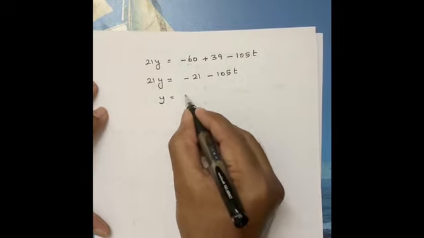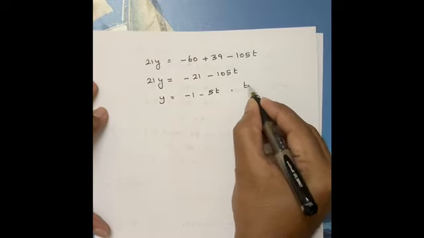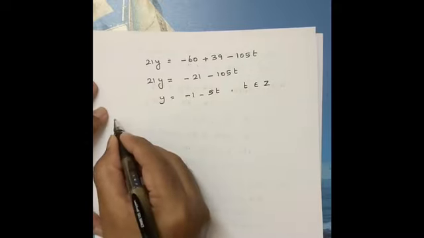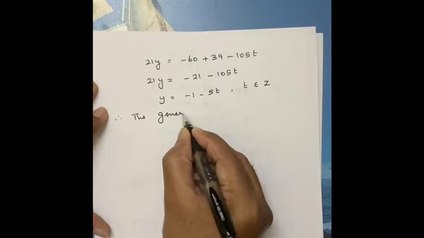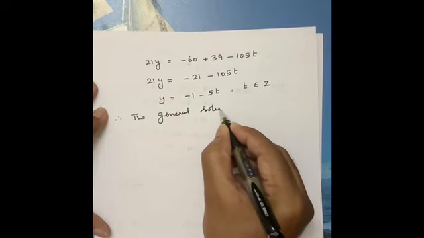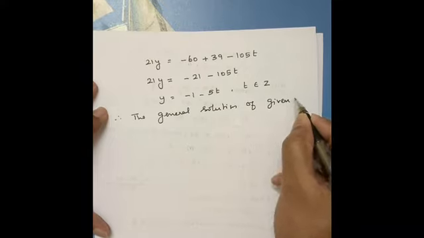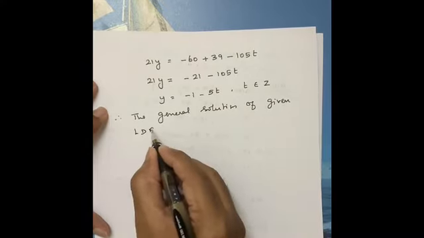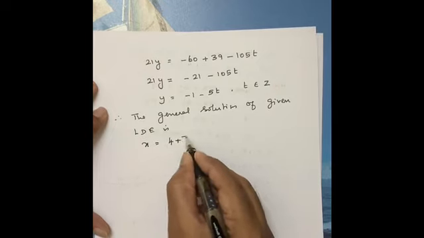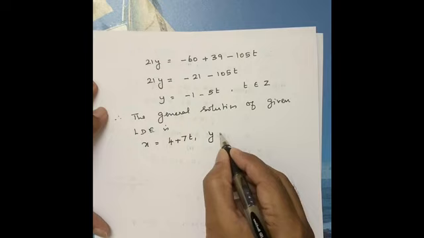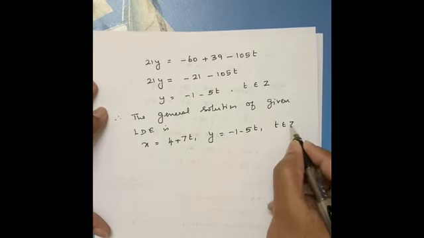So y equal to minus 1 minus 5t, t belongs to Z. So the general solution of the given LDE is x equal to 4 plus 7t, y equal to minus 1 minus 5t, t is any integer.